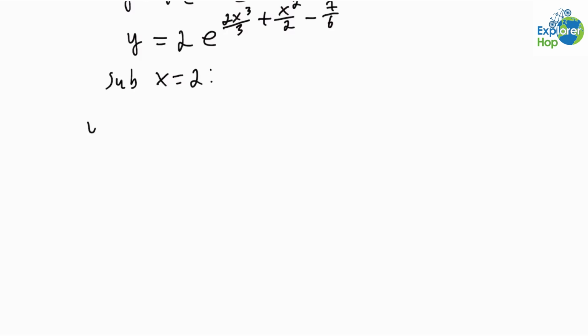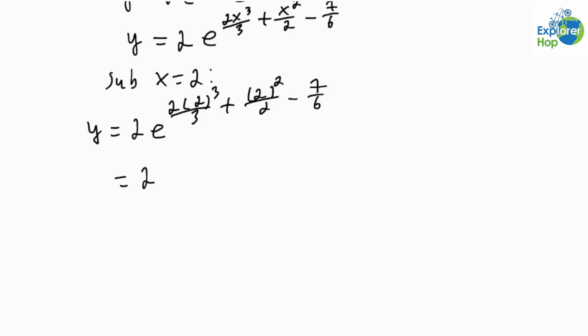So y is equal to 2 times e to the power of 2 times 2 cubed over 3 plus 2 squared over 2 minus 7 over 6, which is equal to 2 times e to the power of 16 over 3 plus 2 minus 7 over 6.